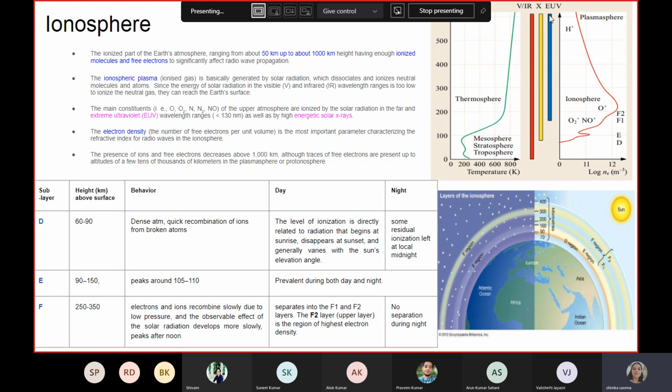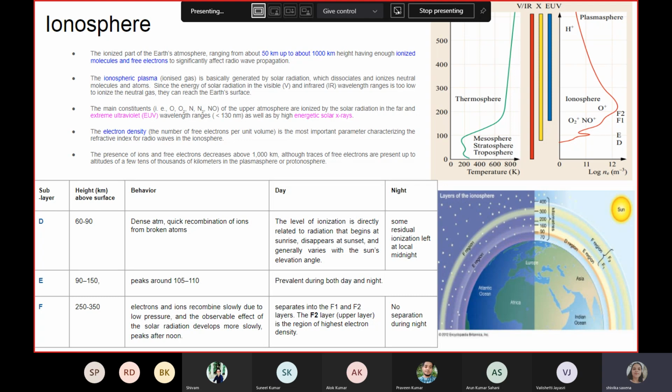This extreme ultraviolet energy is utilized the most in ionizing a portion of the atmosphere and creating ionospheric plasma. The electron density will give you the picture of the refractive index, as we obtained in the troposphere.